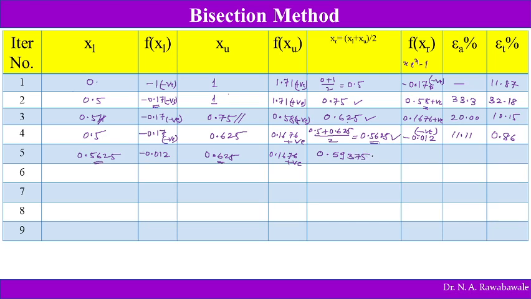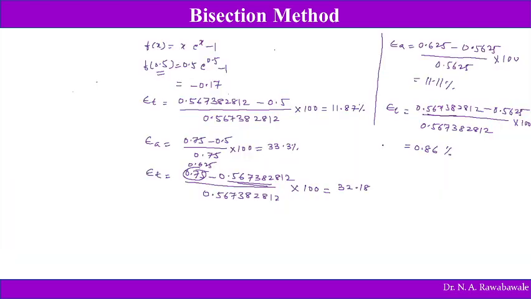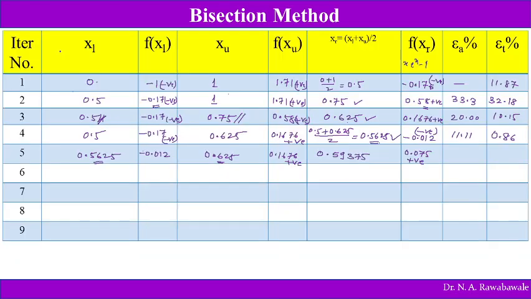And if we substitute this value in this function x e to the power of x minus 1, this gives us 0.075, which is positive. Again we find out approximate error. So 0.59375 minus 0.5625, approximate error is equal to old approximation and new approximation.